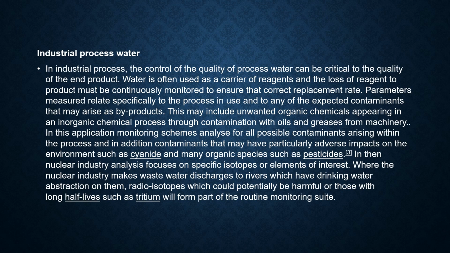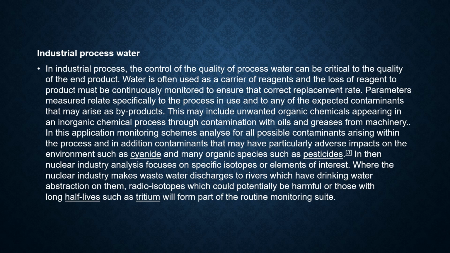Industrial process water. The control of the quality of process water can be critical to the quality of the end product. Water is often used as a carrier of reagent, and the loss of reagent or product must be continuously monitored to ensure the correct replacement rate.